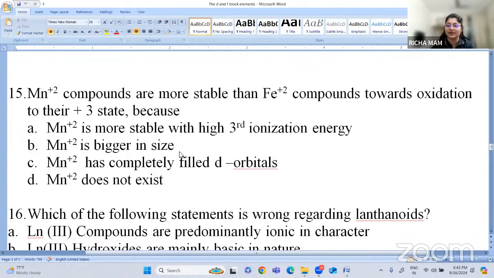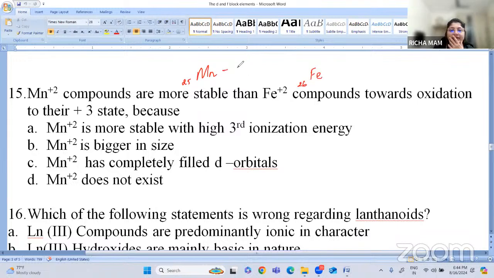When we see Mn, try figuring it out. The atomic number of Mn is 25, and Fe is 26.